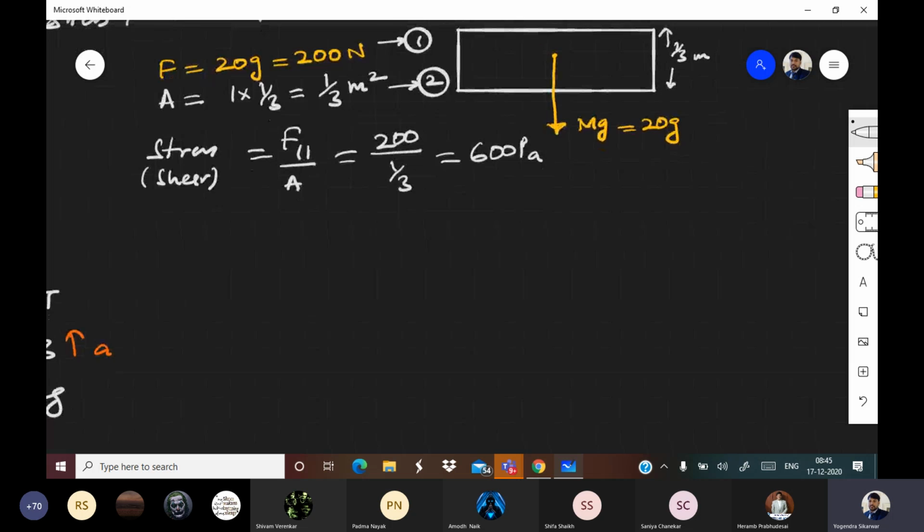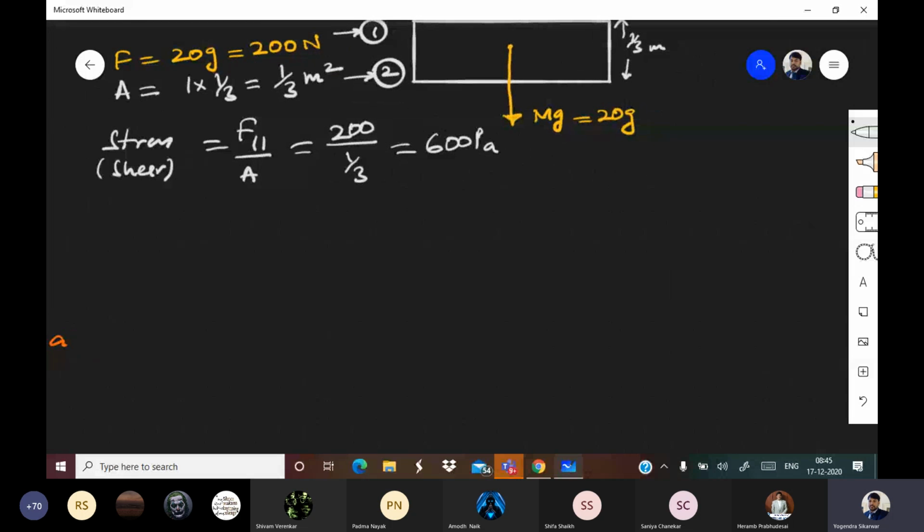So now we are moving towards volumetric stress. There is not much to be taught in shear stress. Volumetric stress. Now try to understand.